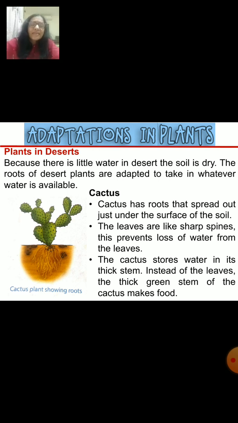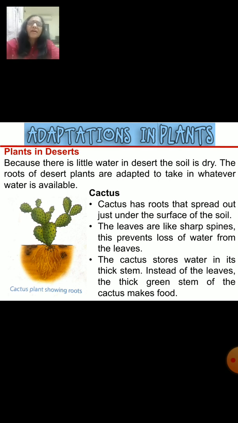Another adaptation: the cactus also stores water in its thick stem. The stem of the cactus plant is thick, if you have seen it. Why is it thick? It has water in it. Instead of leaves, because it is green in color, the thick green stem of the cactus makes food, which means it does the process of photosynthesis.